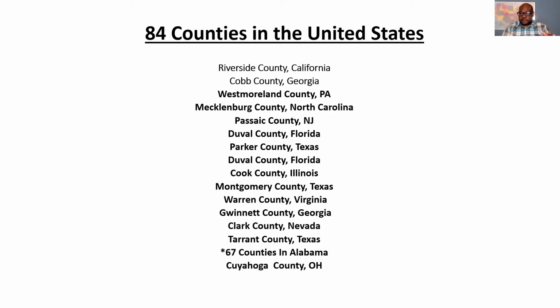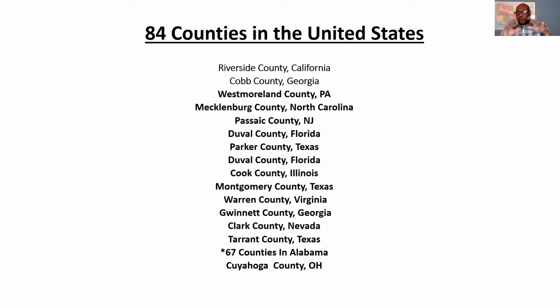are in Alabama. Okay. So there's going to be one link in the description of this video where you can click on that link, and that will have access to 60 plus counties in the state of Alabama. How I found that, I don't know, I just found it.